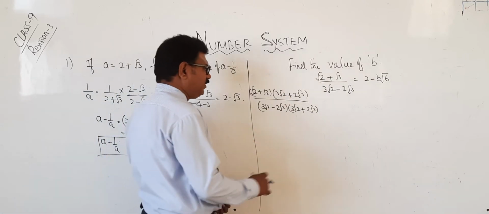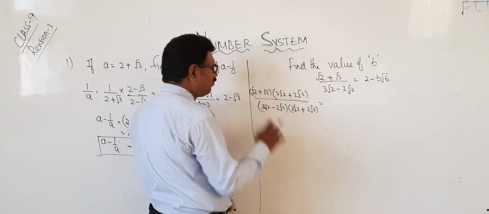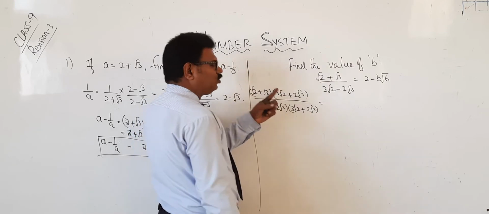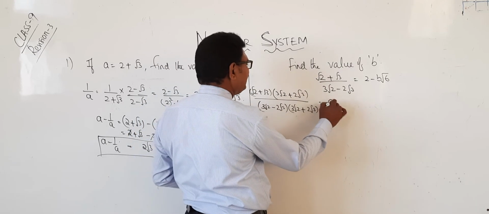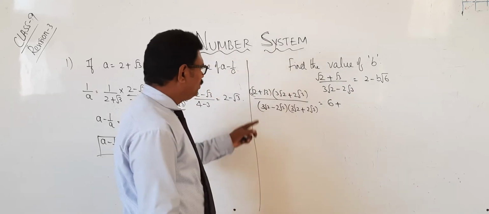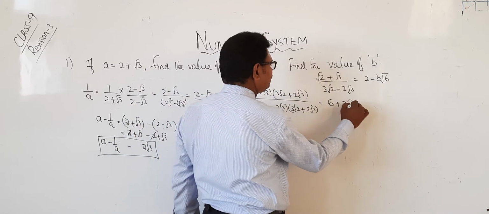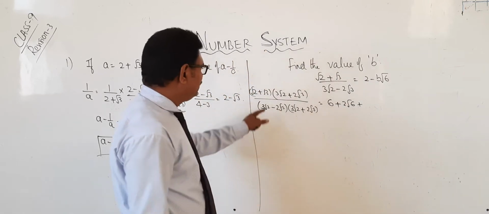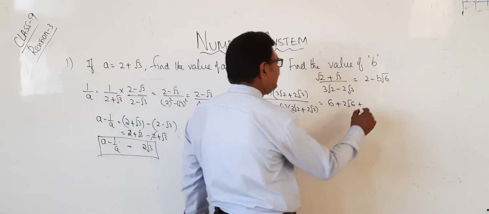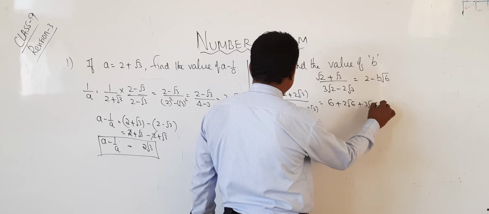Now multiply: root 2 into root 2 will become 2, 2 times 3 is 6. Next, root 2 into root 3, root 6, 2 root 6. Again plus, 3 into 3, that is 3 root 6.